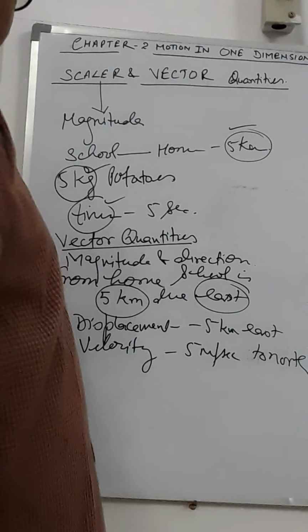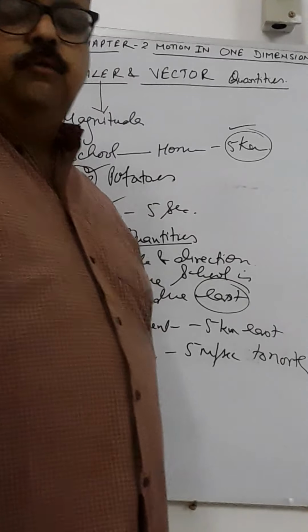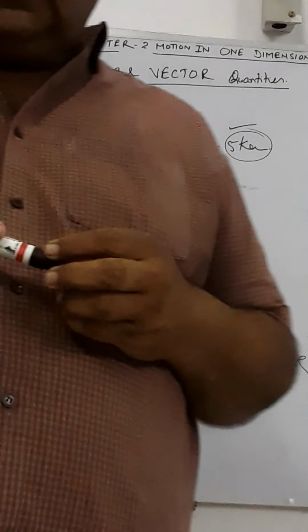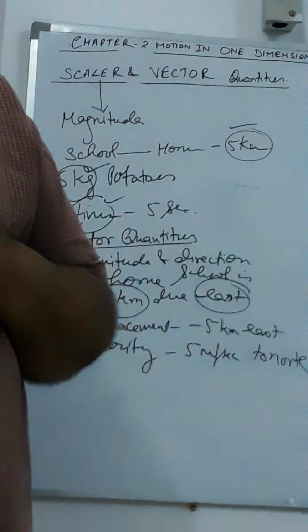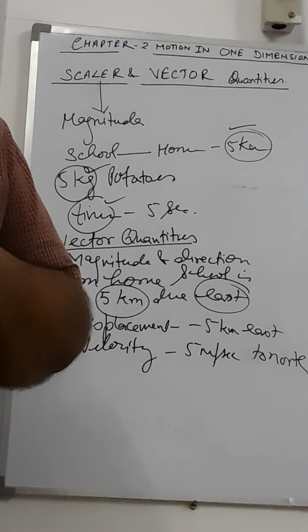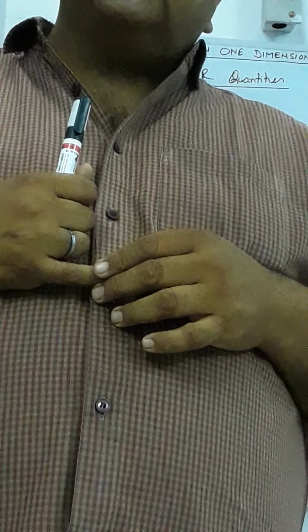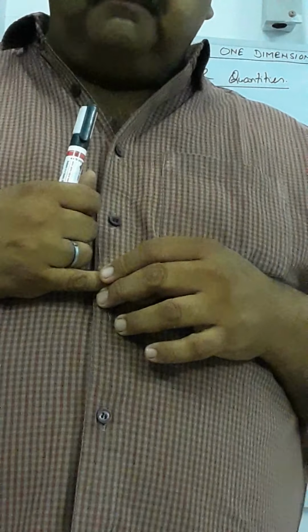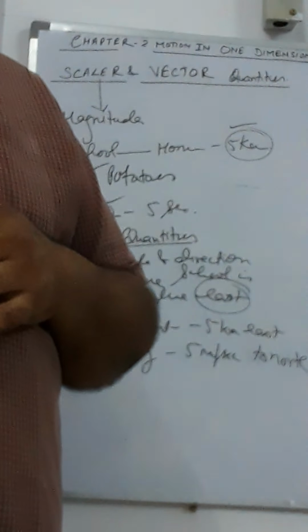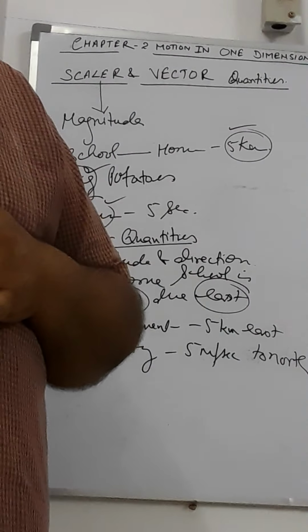So it should have magnitude plus direction also. Examples are displacement, velocity, acceleration, momentum. Momentum is the product of mass and velocity. Velocity is a vector quantity and mass is a scalar quantity, so the result will be a vector quantity.